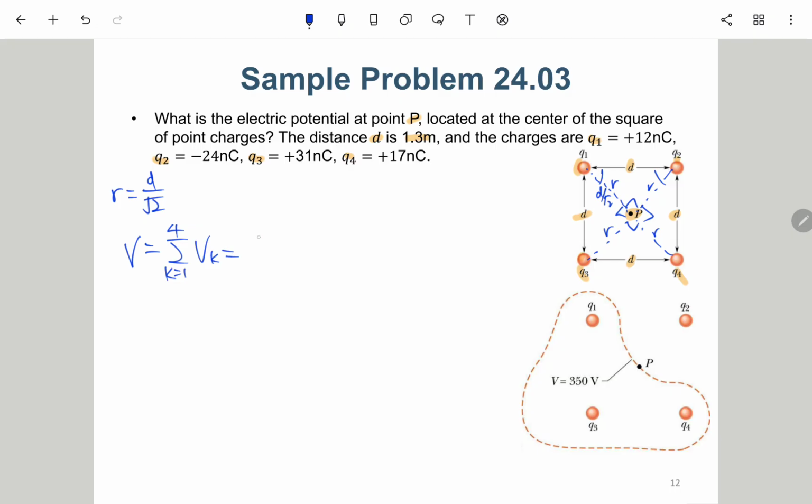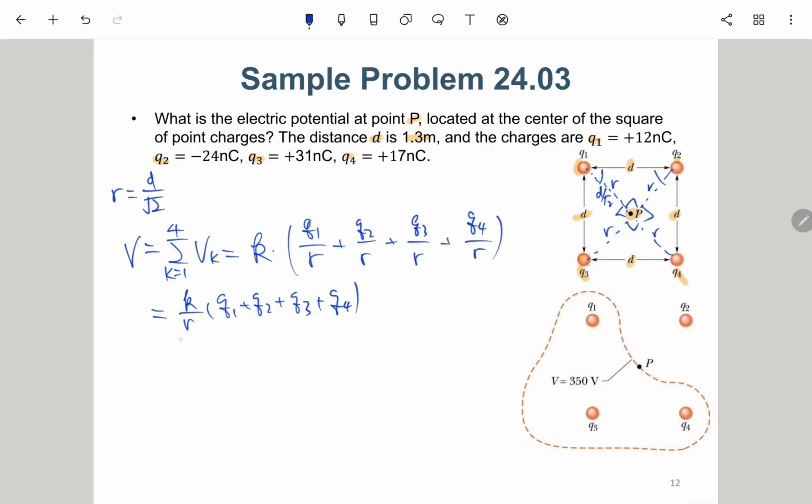So this is nothing but k times Q1 over R plus Q2 over R plus Q3 over R plus Q4 over R. So it is nothing but K over R, and then Q1 plus Q2 plus Q3 plus Q4. So this is 8.99 times 10 to the 9th power, and then R, what is R?